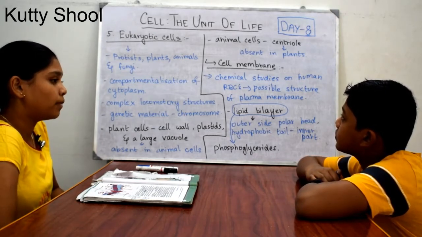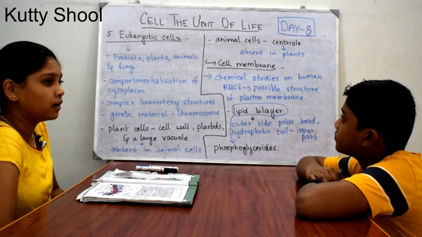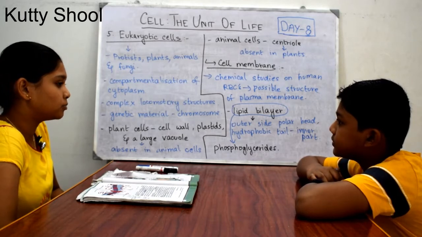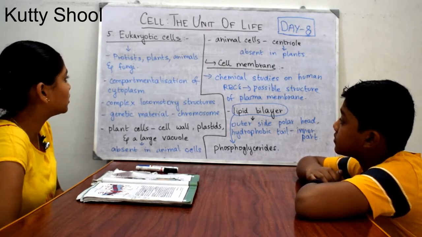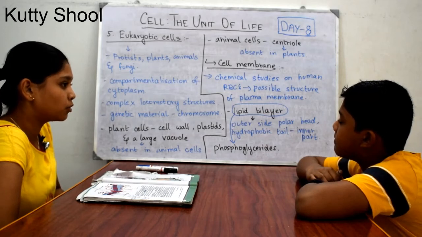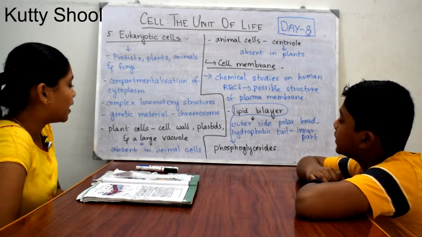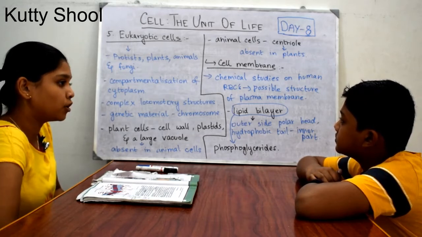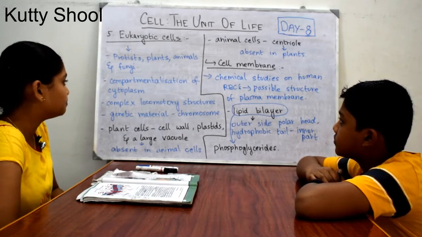Prokaryotic cells are all bacteria and organisms like mycoplasmas. Eukaryotic cells are found in protists, plants, animals and fungi.